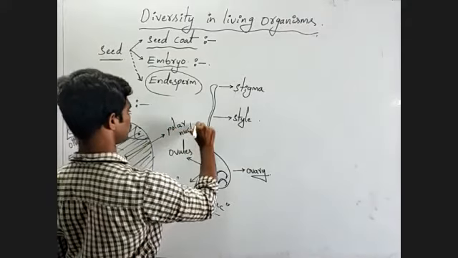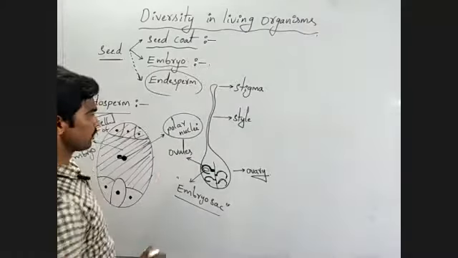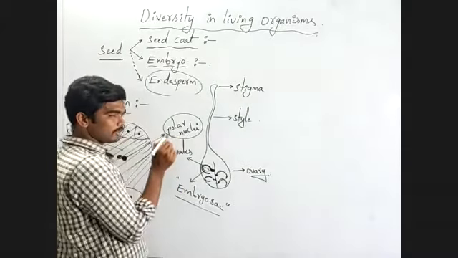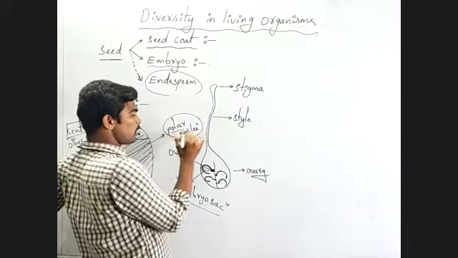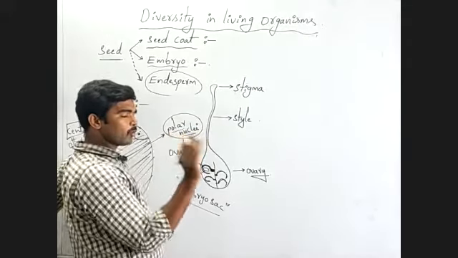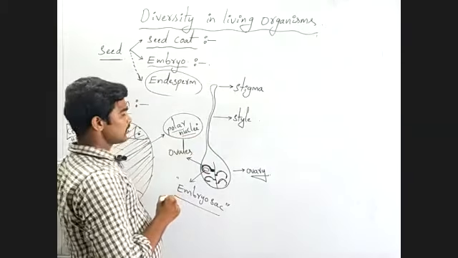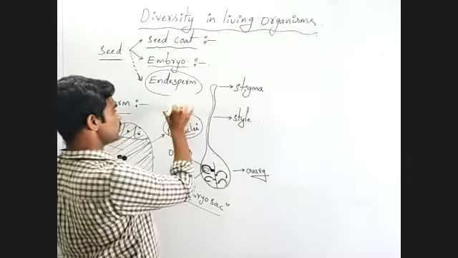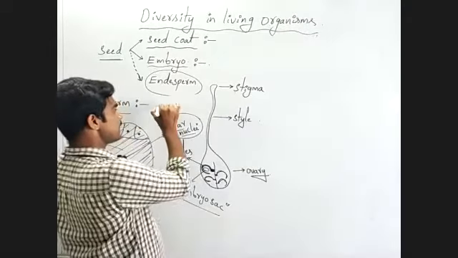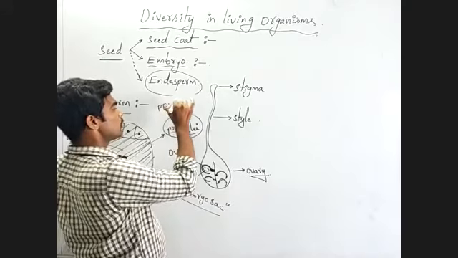After triple fusion, after fusion of the polar nuclei with one of the male gametes, the polar nuclei develop as the primary endosperm nucleus.